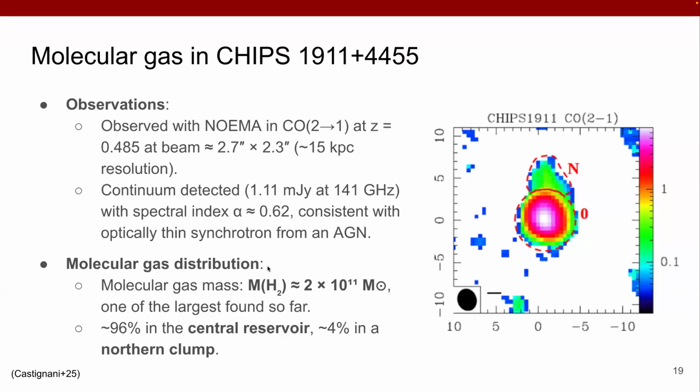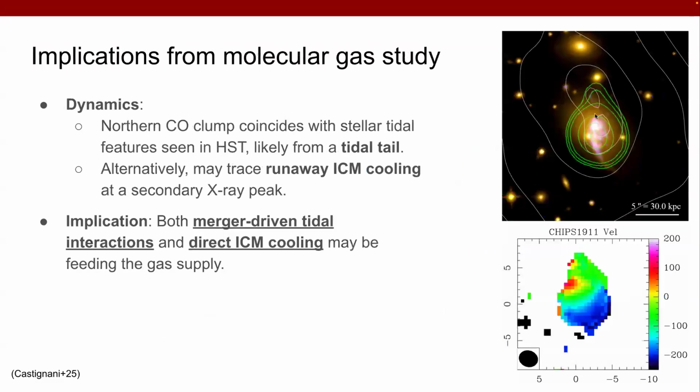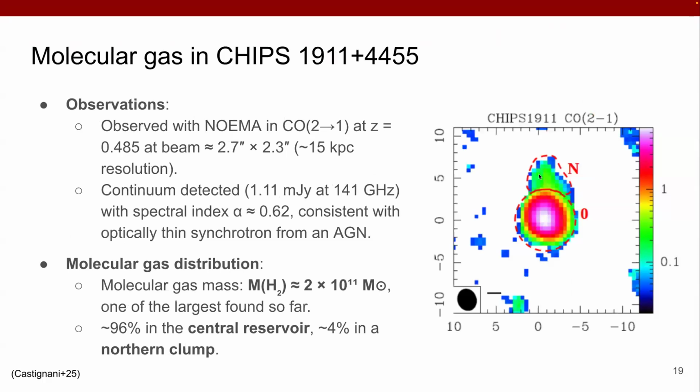And what they claim they see is that they also see this extended part. This extended part is about 4% of the mass of all of this molecular gas, sorry. And this part here is what they think is really interesting, because they claim that this part coincides with the second knot that I showed you in the previous slide in the first study, that the blue filamentary structure of the top part here coincides with this part.